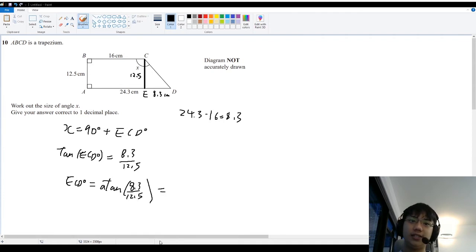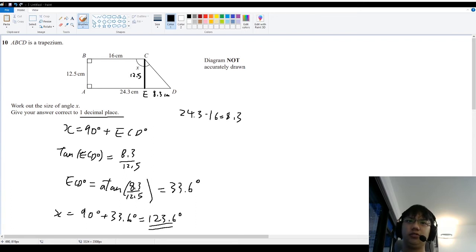And that gives us 33.6 degrees to 1 decimal place. To find the size of X, we can now add 90 degrees and 33.6 degrees, which is 123.6 degrees. So this is the answer to question 10.